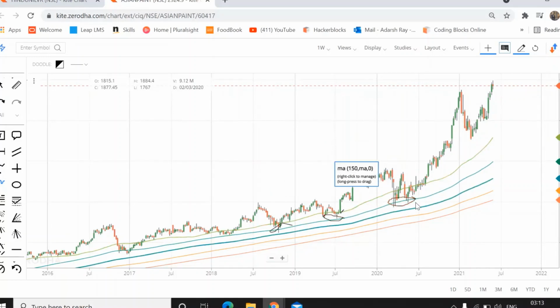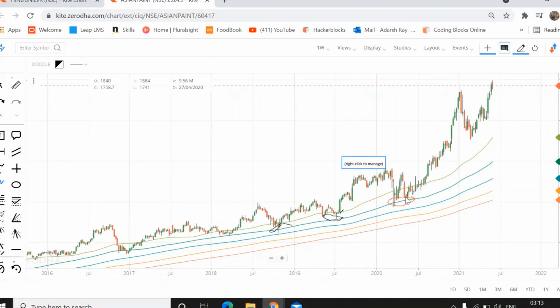So either from the 100 days moving average or from the 50, and if it falls further, maybe till this level as well. It doesn't matter at which level this happens, but whichever level it is, we can conclude that it can bounce back from one of these moving averages.